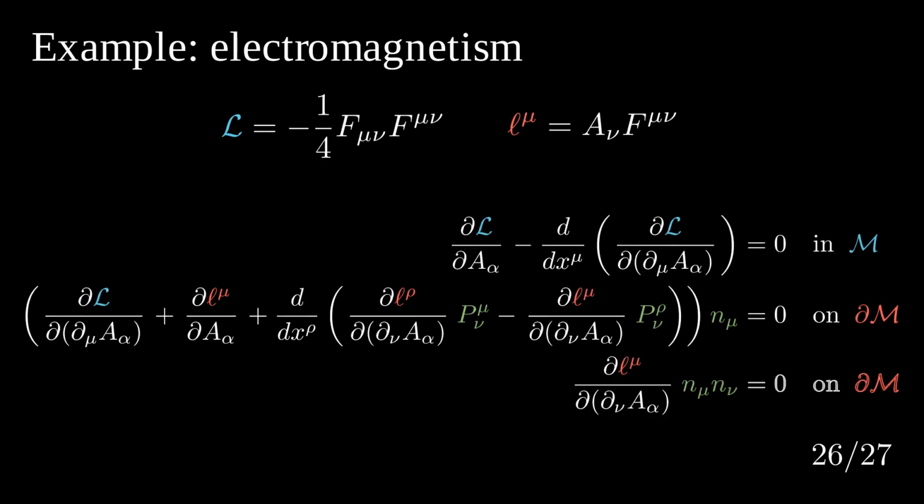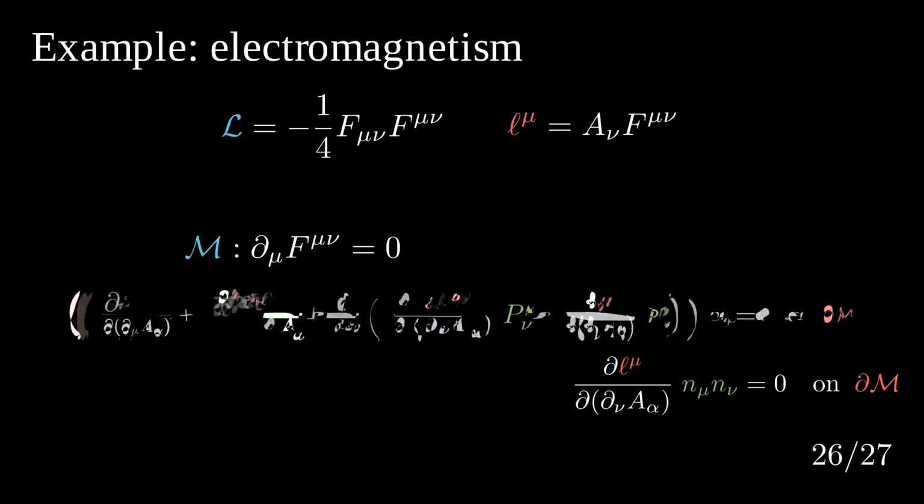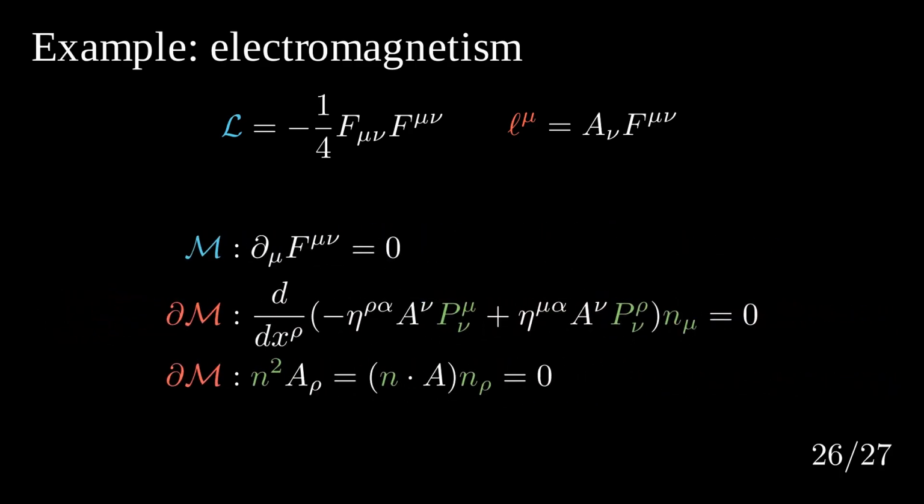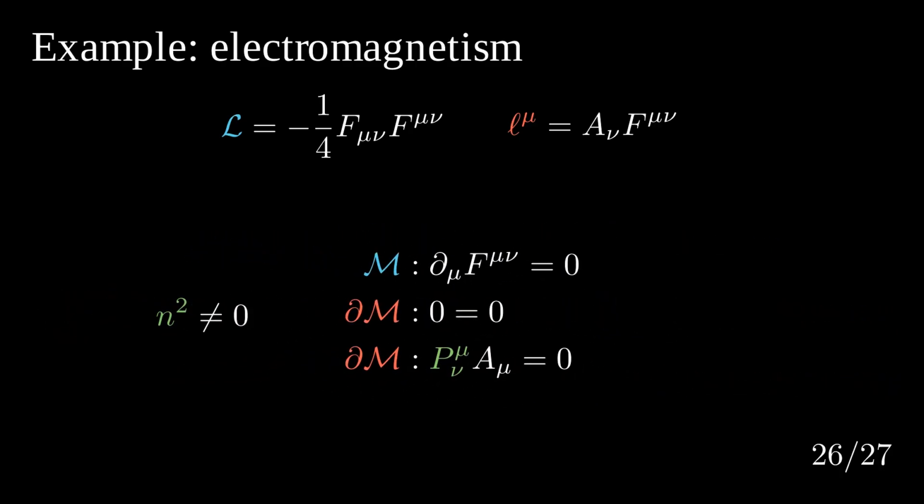Plugging these Lagrangians in the equations of motion, and simplifying using that the normal is not zero, we have this other term which forces the tangential components of the electromagnetic field to be 0. So in this sense, this is like Dirichlet boundary conditions.